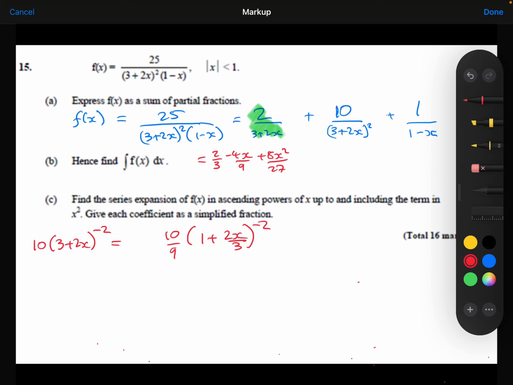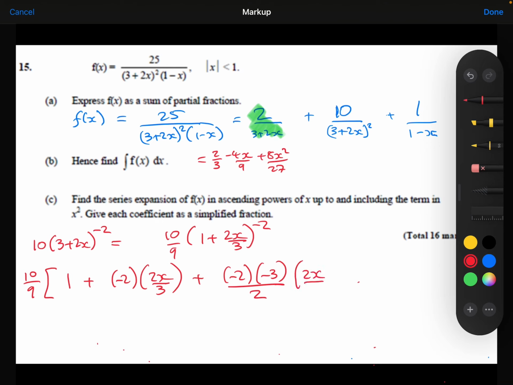Right, let's now expand this out. This first term is 1. Second term is going to be n, which now is minus 2, times x, which is 2x over 3. Then we have n times n minus 1 over 2 times 1 times 2x over 3 squared. Let's simplify each of these terms.